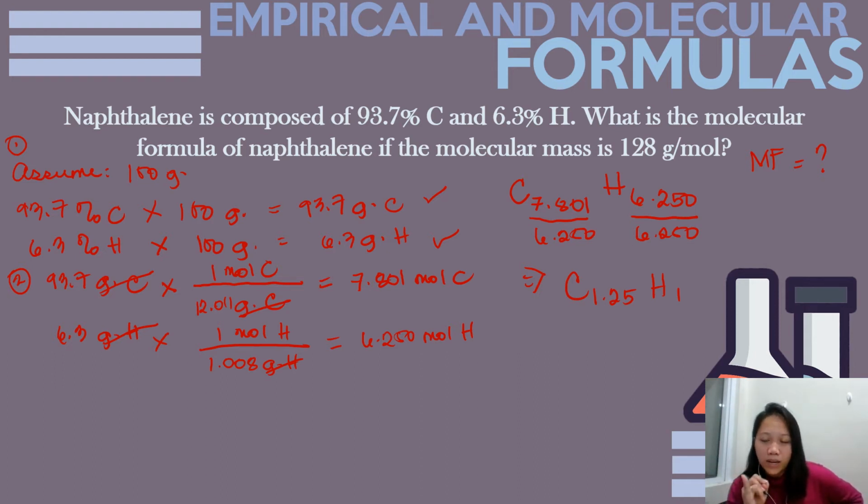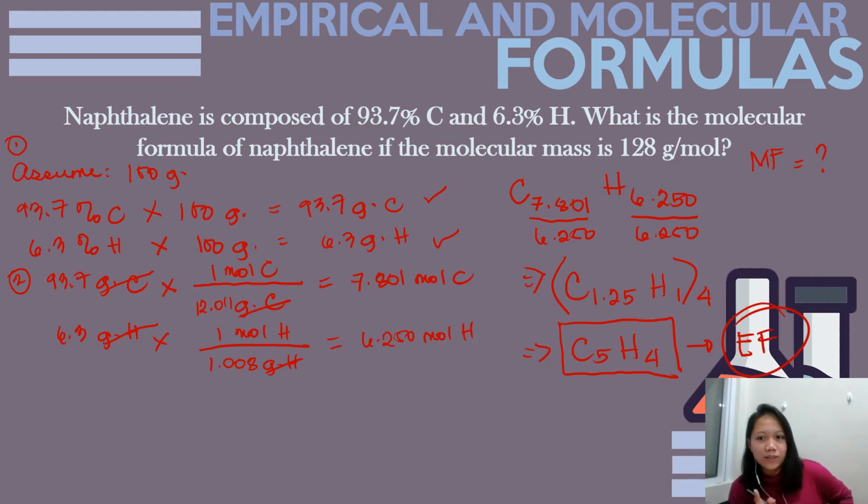So, hindi pwede si 1, hindi pwede si 2, hindi pwede si 3, pwede ngayon si 4. So, if you multiply this by 4, you will actually get C5H4. Now, this here, ladies and gentlemen, is actually your empirical formula. It's the lowest term.